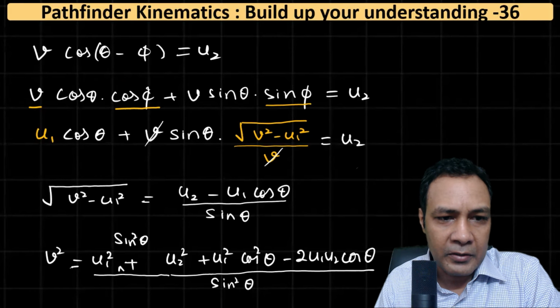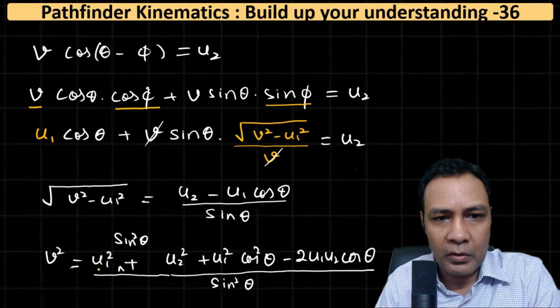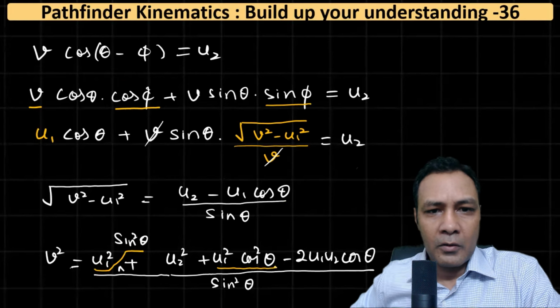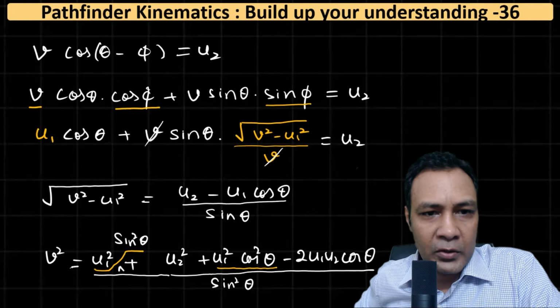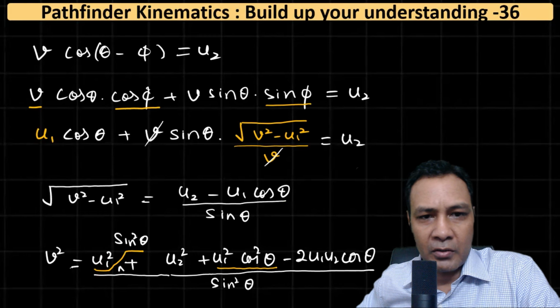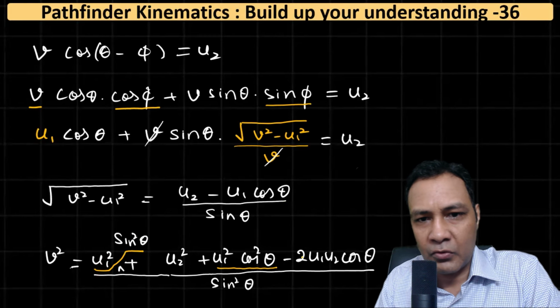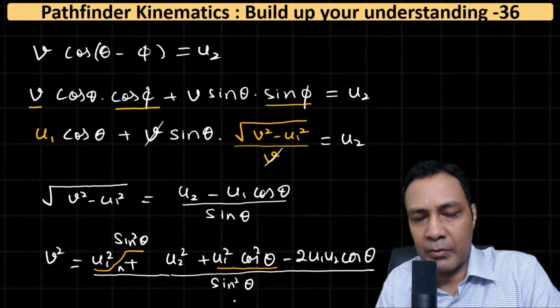Now you can see on this part you can take u1 square common. So that will be u1 square into sin square theta plus cos square theta, which is equal to 1. So that will become u1 square plus u2 square minus 2 u1 u2 cos theta by sin square theta.